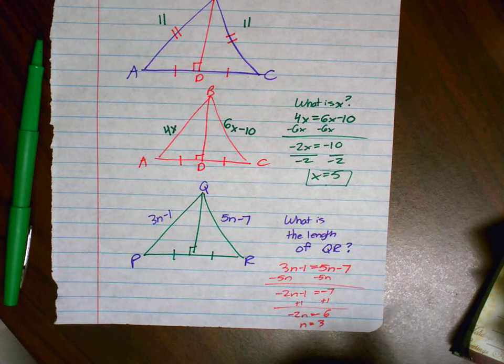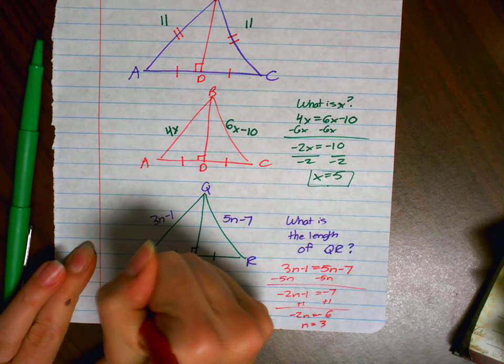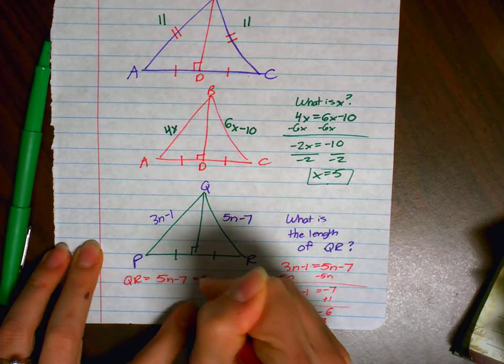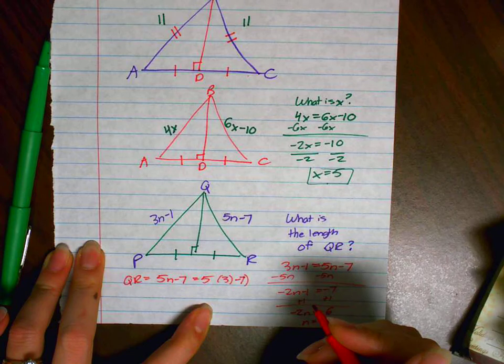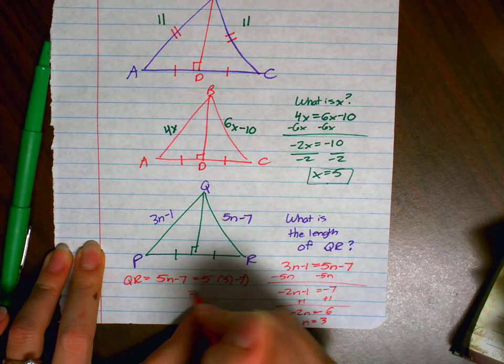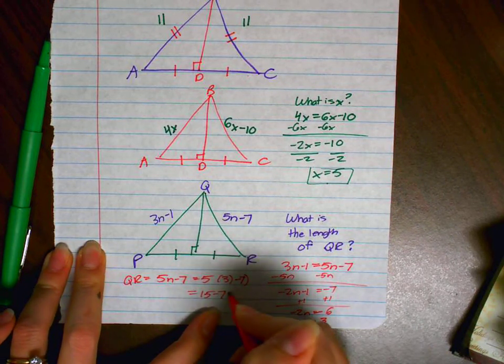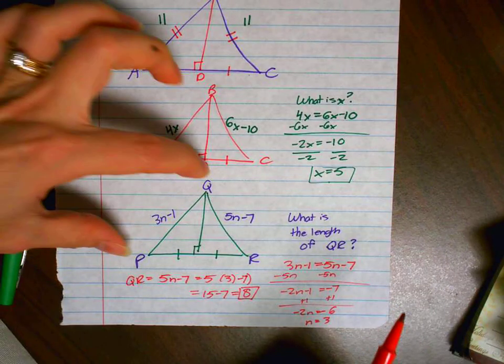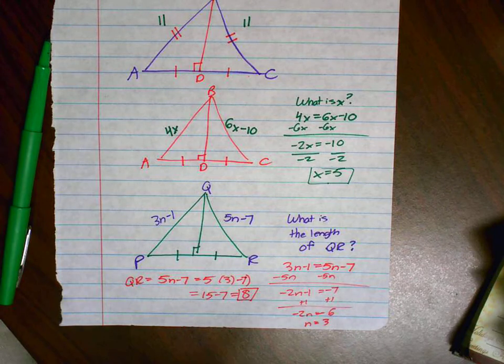The question is, what is QR? So QR is 5n minus 7, or 5 times 3 minus 7. So 5 times 3 is 15, 15 minus 7. So QR is 8, which also means that QP is also 8.